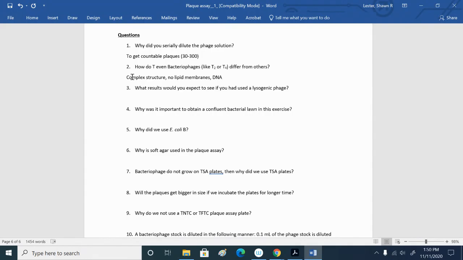What results would you expect to see if you had used a lysogenic phage? Well, we already answered that. What would you expect to see? No change. It would just look like E. coli. Just bacterial growth. The bacteria would have grown, but that's all we would see, just bacterial growth, no plaques. Why is it important to obtain a confluent bacterial lawn in this exercise? So why did we need solid growth all over the whole plate?